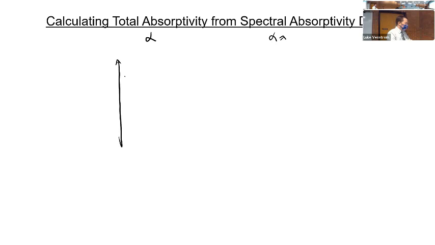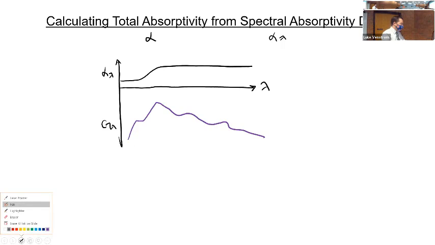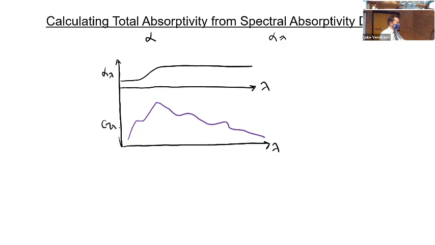I like imagining the spectral absorptivity data sitting on top of the incident radiation data. So maybe the incident radiation looks like this. That's G sub lambda.